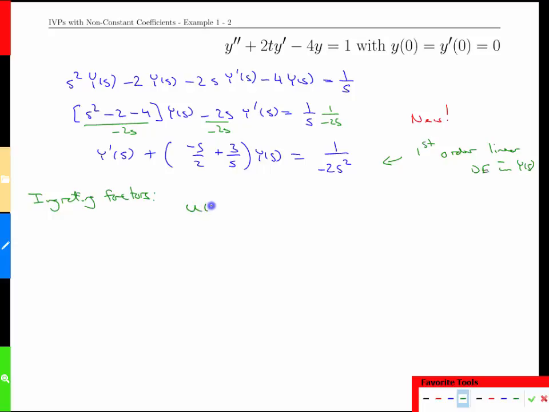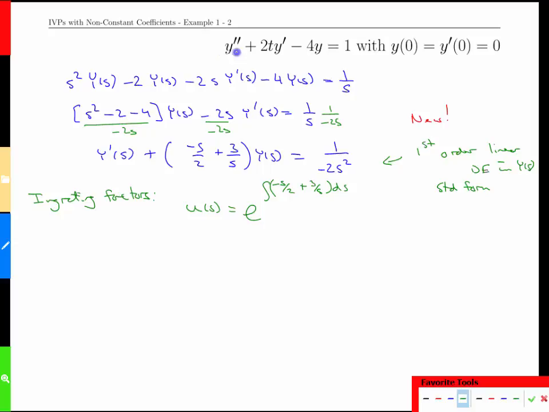That's that u, this time as a function of s, which is e to the integral of whatever is in front of your Y(s). This is the standard form that we're in right now. Standard because the Y' just has a 1 out front. And so we can construct this integrating factor, and as we'll see, it's going to help us simplify this differential equation.